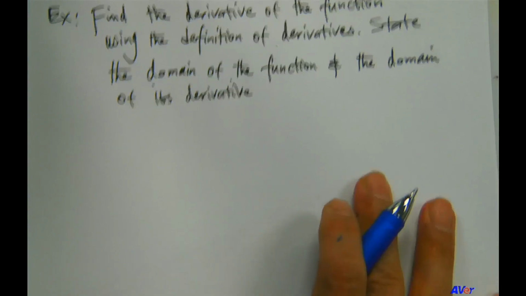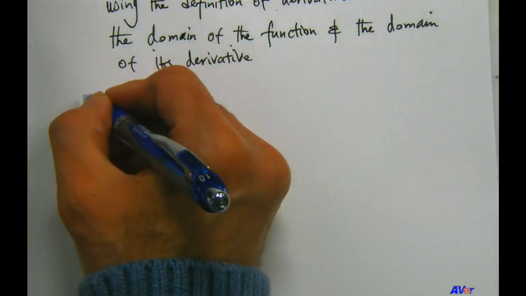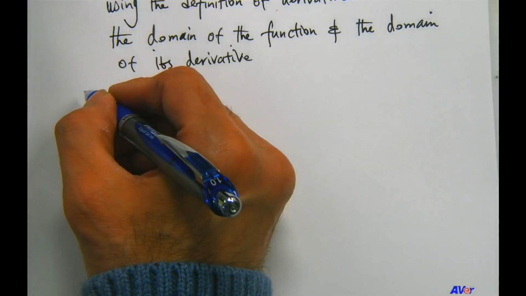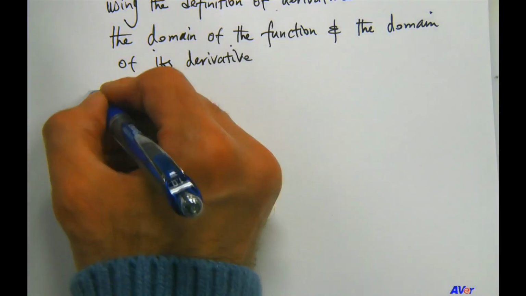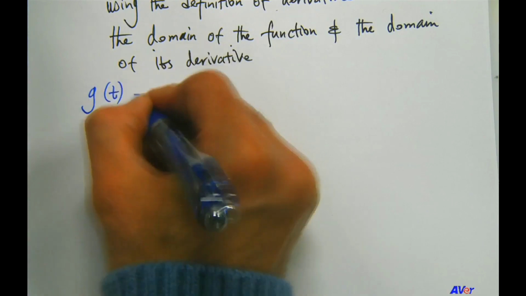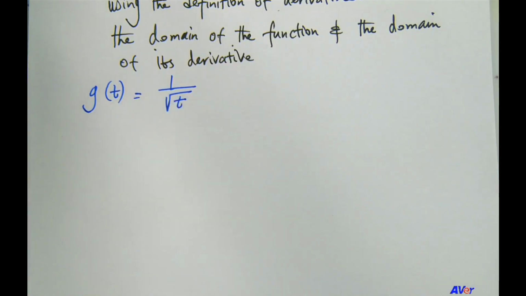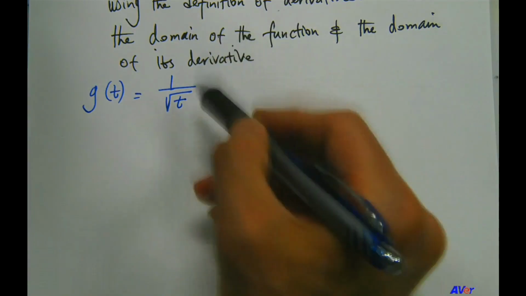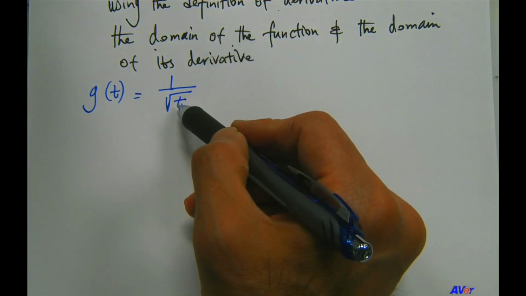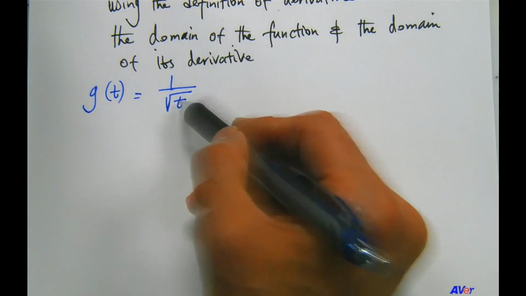So the function that we're dealing with here is this one. The function g in terms of t is 1 over square root of t. Okay, so that's the function for which we want to find the derivative. Well, first of all, the domain of this is pretty obvious, right? Because t cannot be something negative, and t cannot be equal to 0.